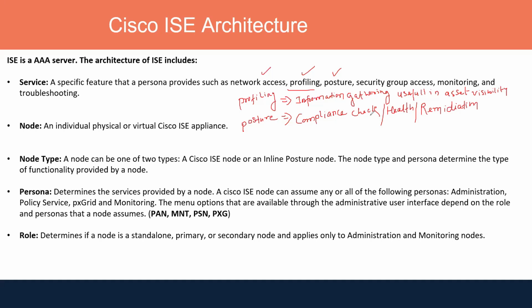But what if antivirus is not updated or antivirus services are not running? Under remediation, ISE is capable of making the changes. It can run those services. We can do that using posture checking.